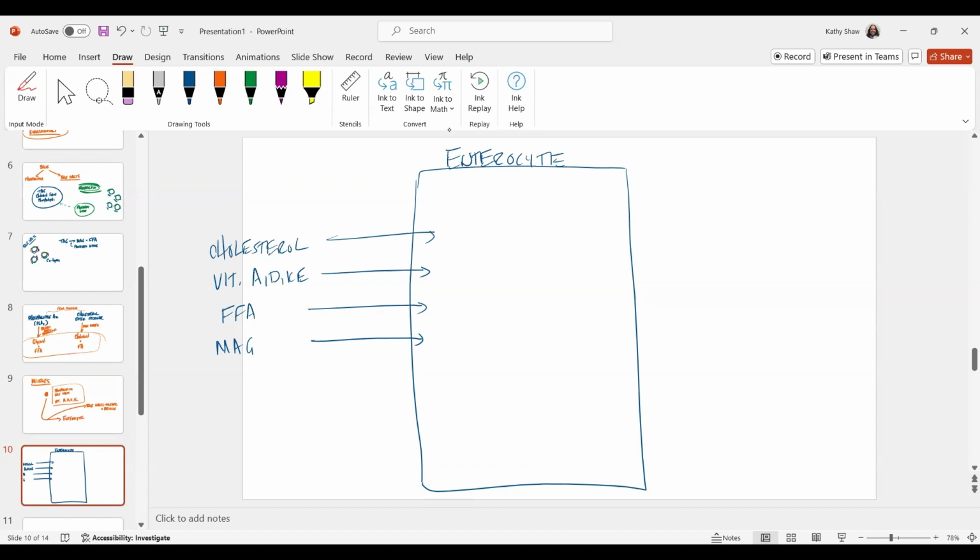So once they get in there, we're going to talk about what's happening in a couple of parts of the cell. So first part we're going to talk about is the smooth endoplasmic reticulum. And all of these are going to go to the smooth endoplasmic reticulum.